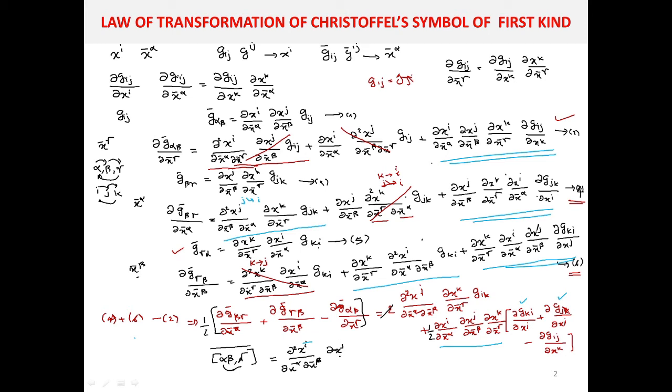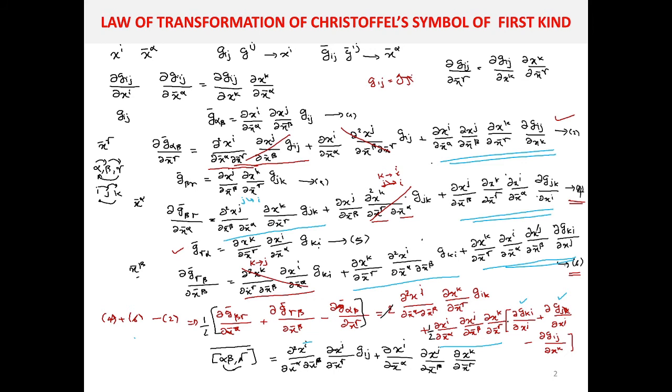It will become ∂xj divided by ∂x̄γ, and this will become g_ij. Okay, the last term you can write as ∂xi/∂x̄α, ∂xj/∂x̄β, ∂xk/∂x̄γ.